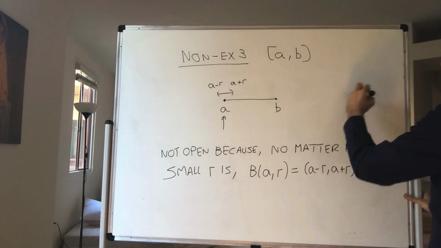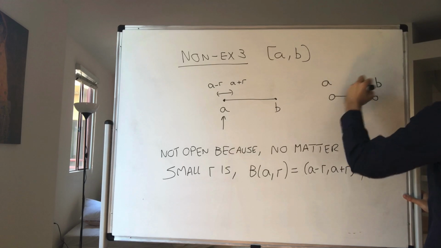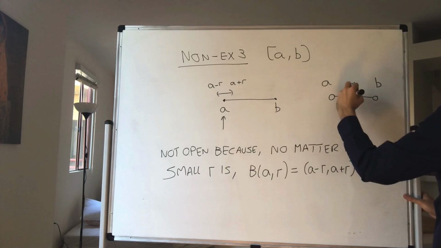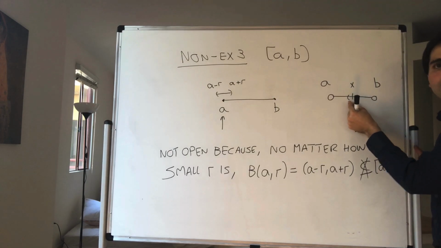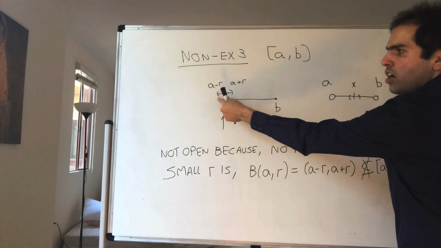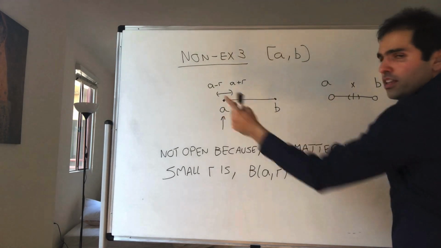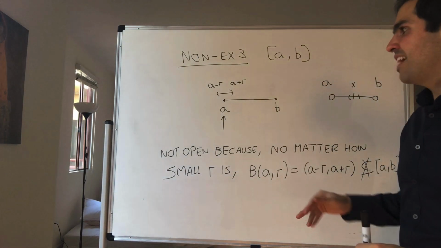And that's very different from the open interval (a, b), because open here means no matter where you are in that interval, you can always fit a very small ball inside your interval. But here it's not true. Here at a, there's no way of fitting a ball, even if the radius is absolutely tiny.